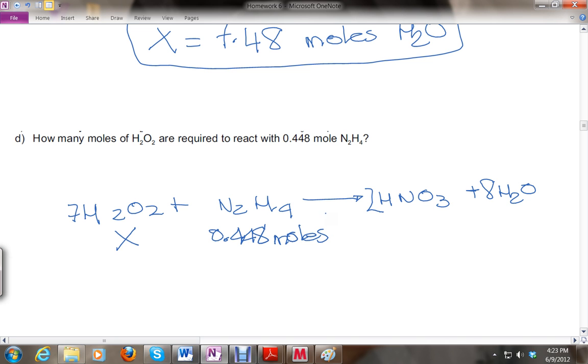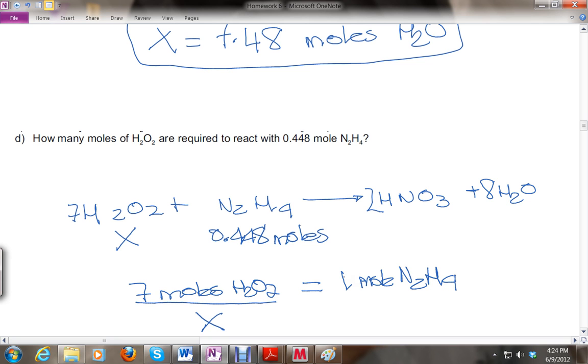So again, I do my cross multiplication, and it's going to be 7 moles of hydrogen peroxide are going to give me 1 mole, because the coefficient is 1, of N2H4, hydrazine or dinitrogen tetrahydride. So moles of hydrazine and moles of hydrazine cancel out.